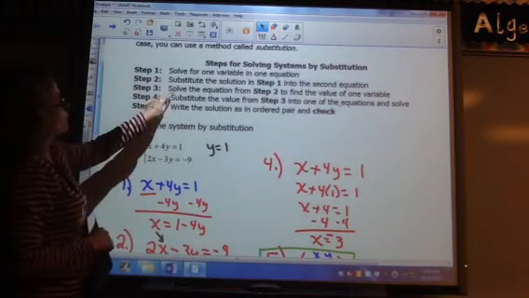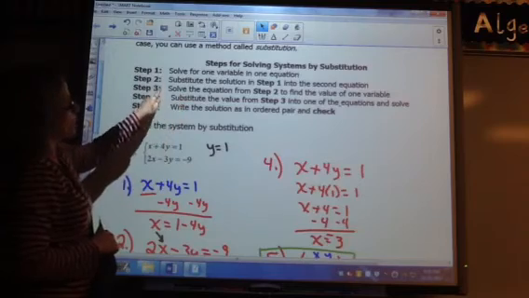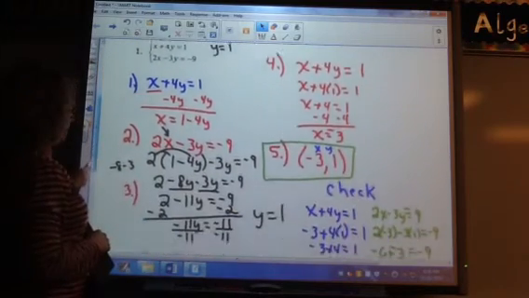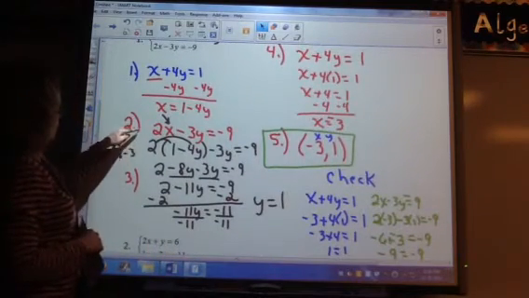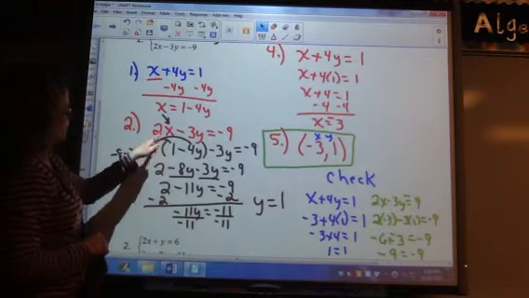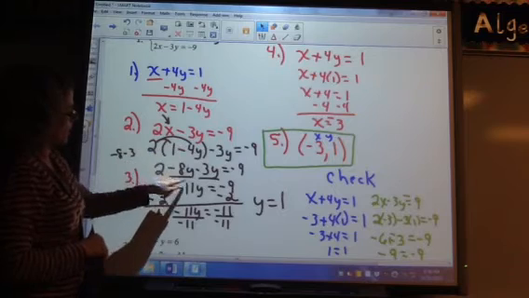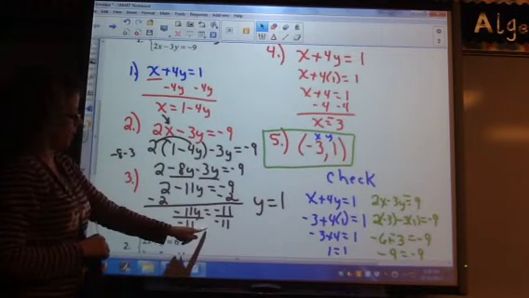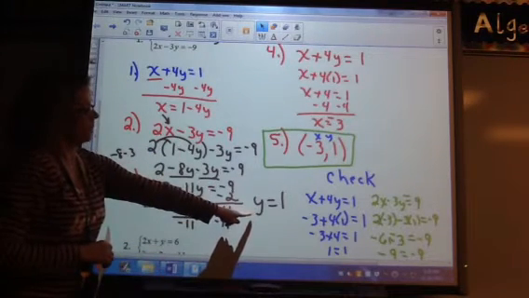Step 3, solve the equation from step 2 to find the variable. All right, so step 2 is substitute in, and step 3 is to try to find out the value of y. I get 1.